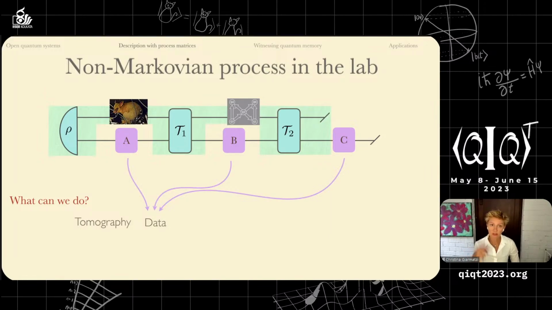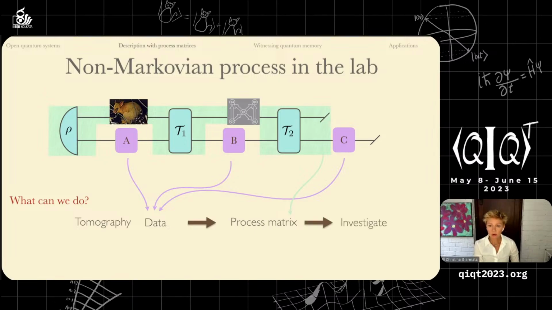So it measures the state, prepares, measures, prepares. That happens for many rounds of the experiment, and the same thing is what B and C do as well. So you take data from that and you calculate the process matrix in a procedure similar to how you calculate a state from measurement data. You do some kind of a linear inversion.